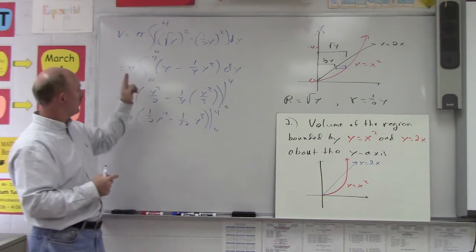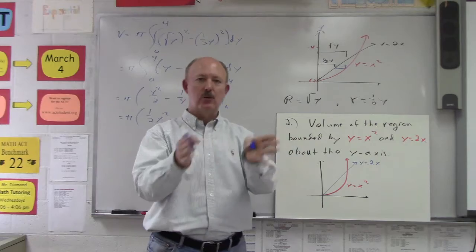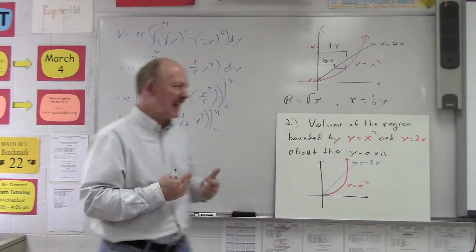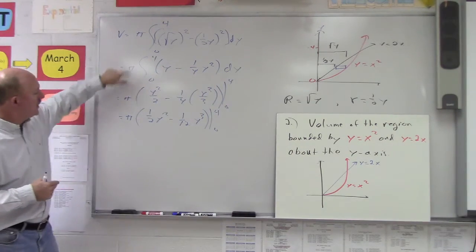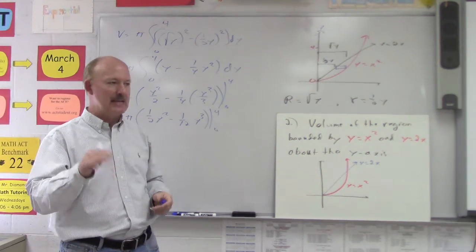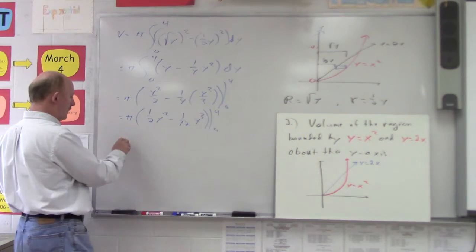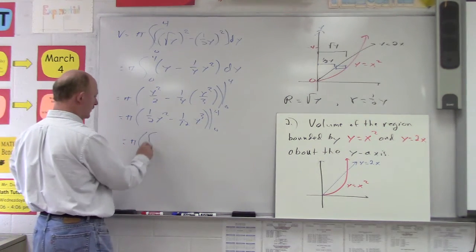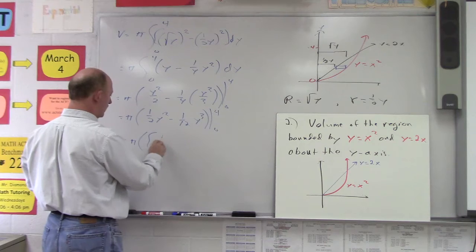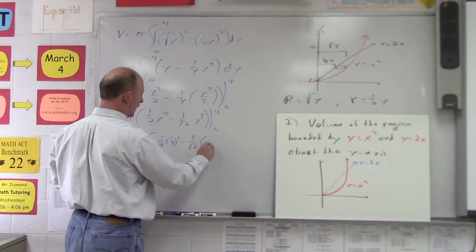A lot of teachers teach put the pi inside the integral with the function, but it kind of gets in the way a little bit. It's not like you pull it out. You just have to remember to bring that pi down each step, because if you leave it out at the end, you're going to be off. So let's substitute the upper bound minus the lower bound. This will be pi times, substituting the 4 in, 1/2 times 4 squared minus 1/12 times 4 cubed.